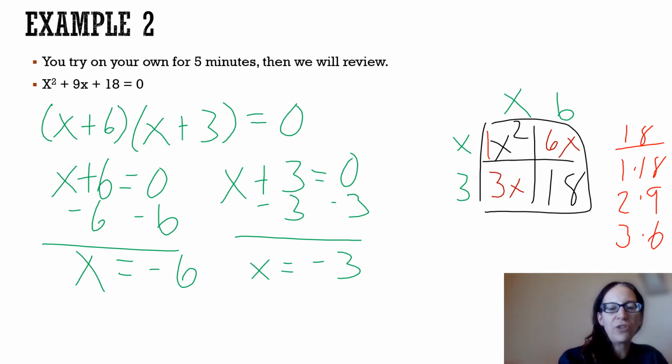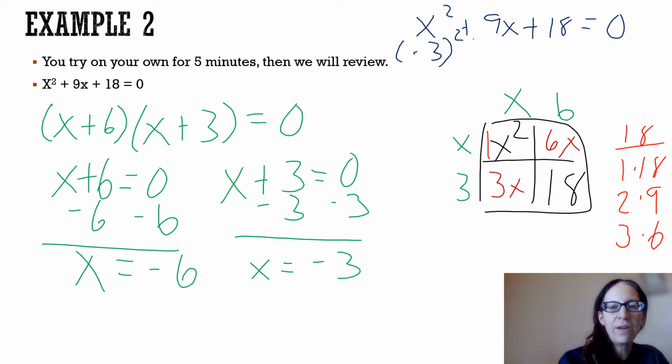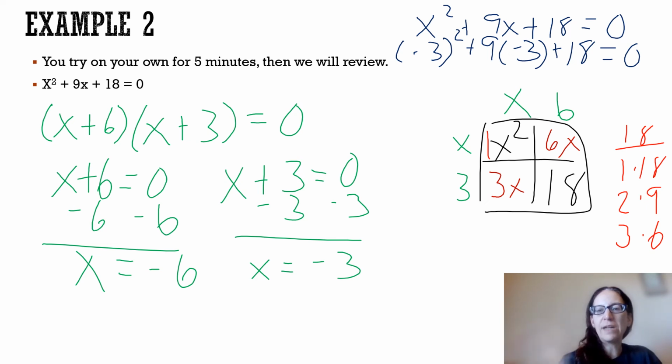So our equation was x squared plus 9x plus 18 equals 0. So if I do negative 3 squared plus 9 times negative 3 plus 18, that should equal 0. Negative 3 squared is negative 3 times negative 3, which is positive 9.